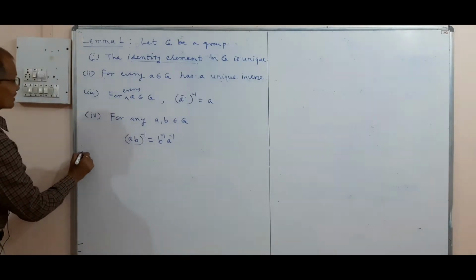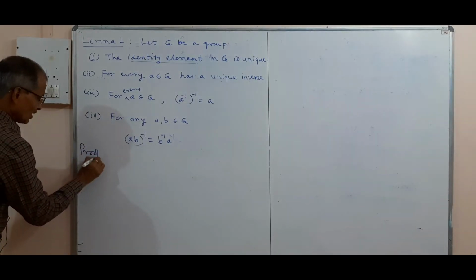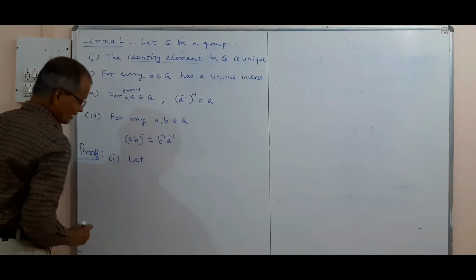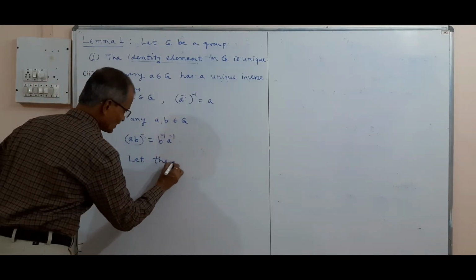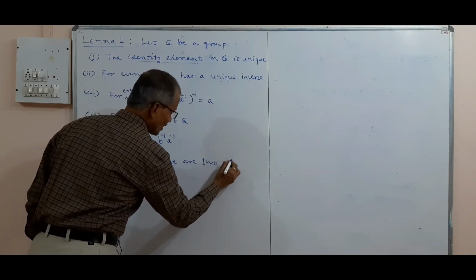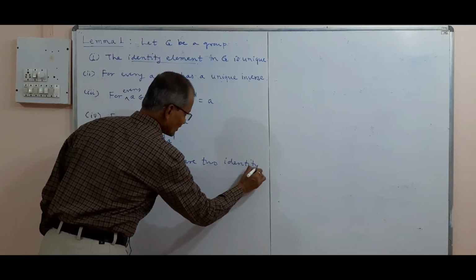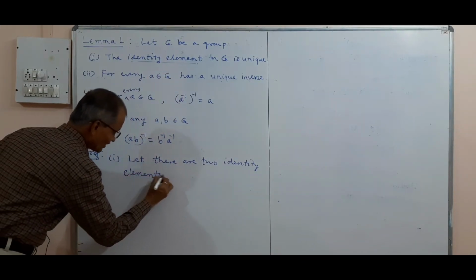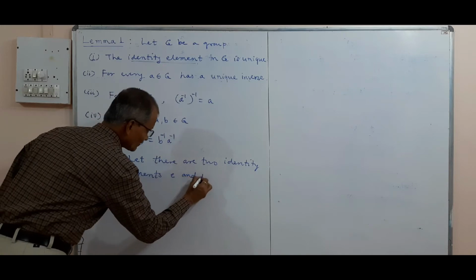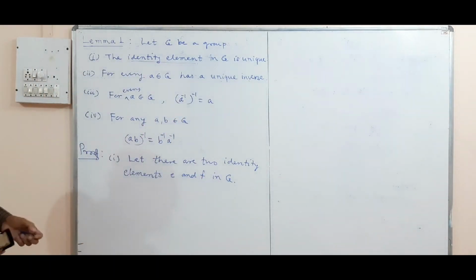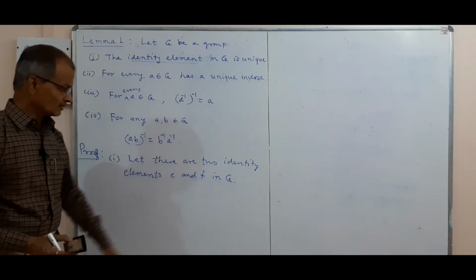Suppose on the contrary, there are two identity elements in G, and we shall denote them by e and f. There are two identity elements, e and another is f.